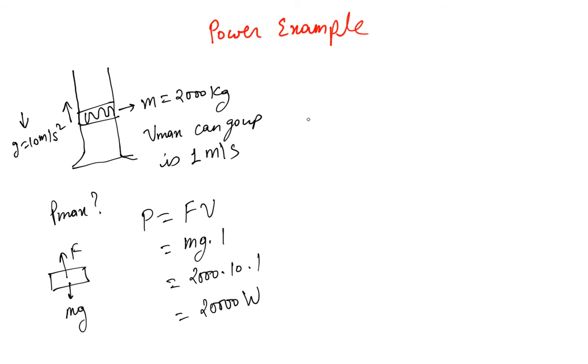Okay, let's take one more example. Let's say we have a car, and this car, when it moves, encounters air friction of, let's say, 0.3 v squared. That means the air friction depends on the velocity of the car. If the car is moving faster, the air friction increases.